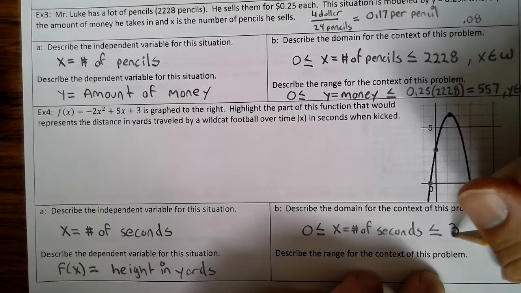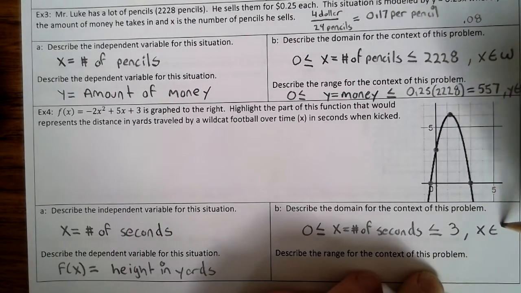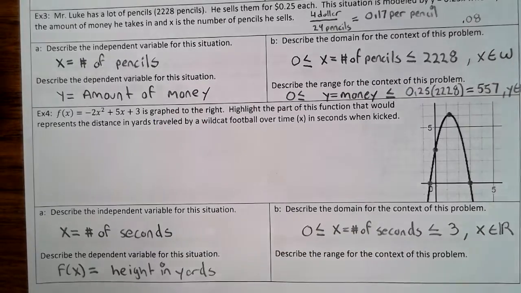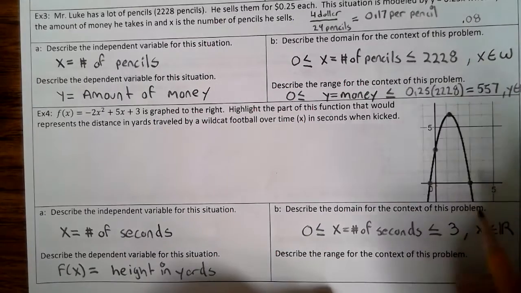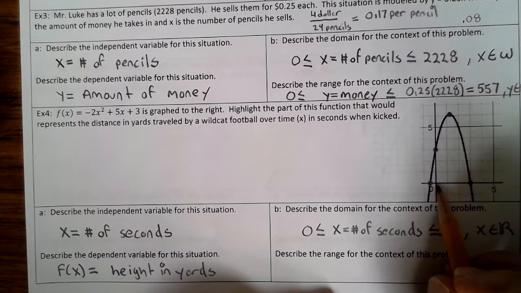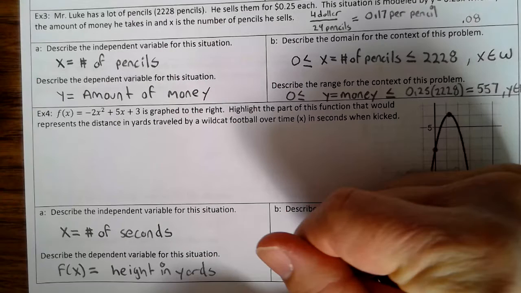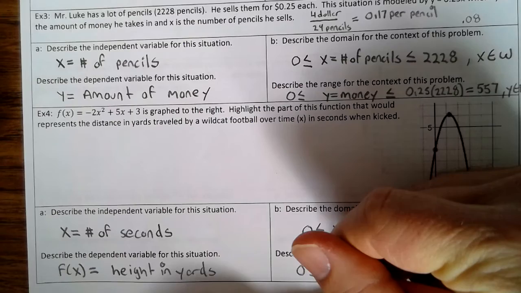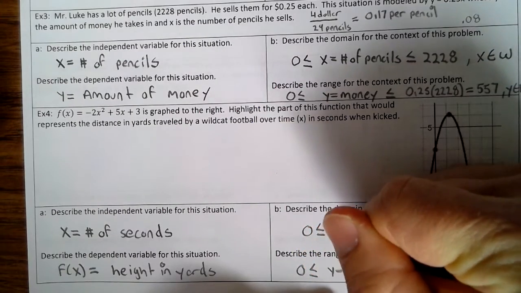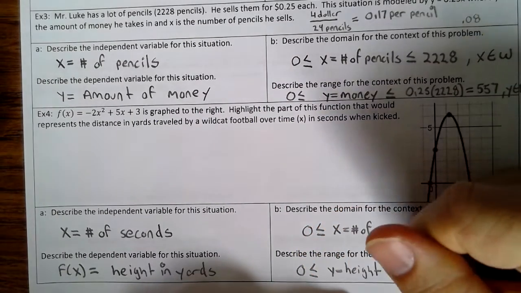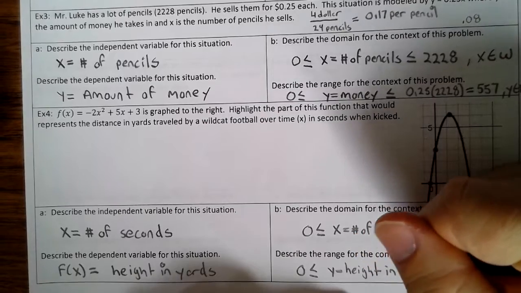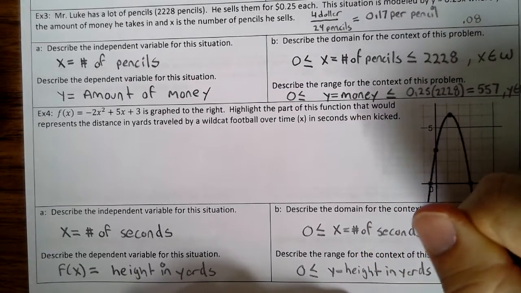Now describe the range. Well, the lowest of the ball's height was 0, less than or equal to, it looks like it has a maximum height of 1, 2, 3, 4, 5, 6 yards.